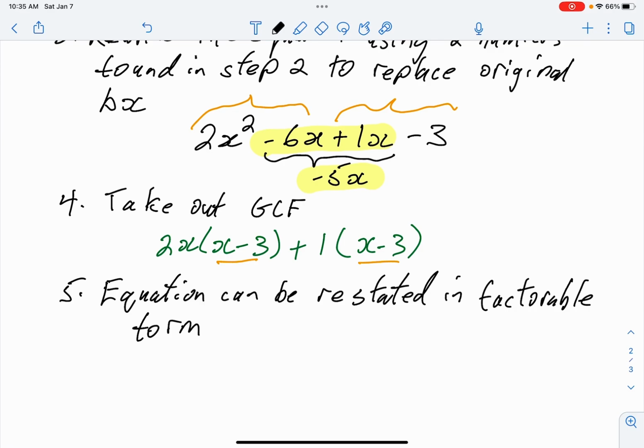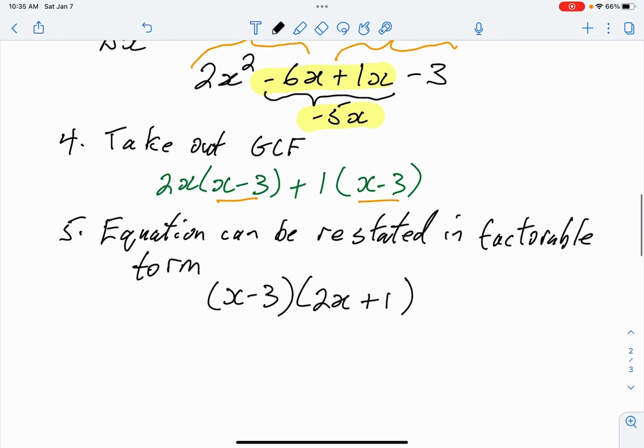Got x minus 3, x minus 3, so let's take that out front. X minus 3. Okay, what am I left with? X minus 3 times 2x plus 1. And voila, we now have this in factorable form. If we wanted to double check ourselves, of course, we could multiply this out and make sure that we got back to what we started with originally. And that's how you do these type of problems.